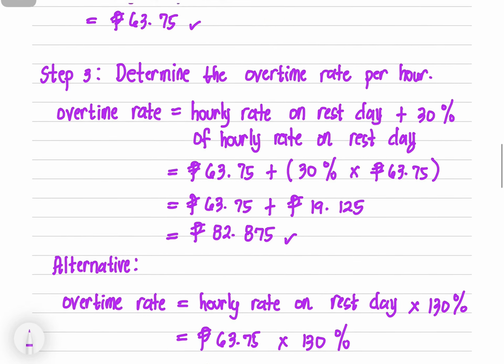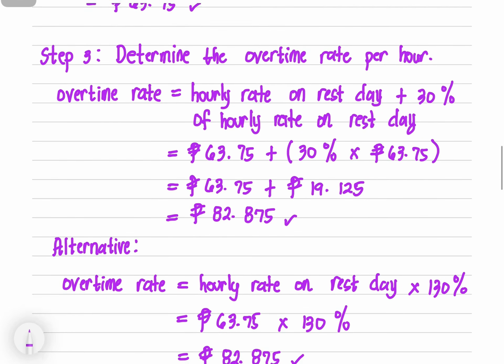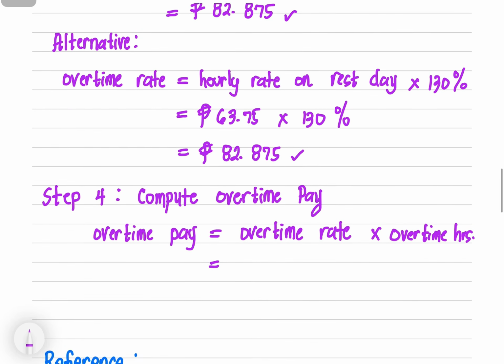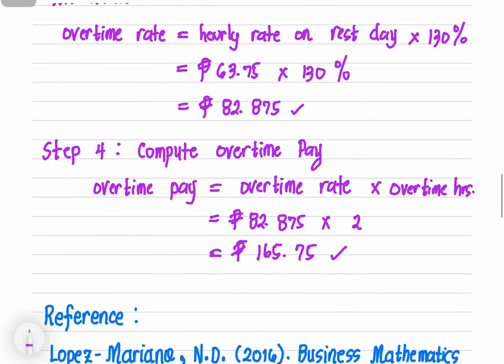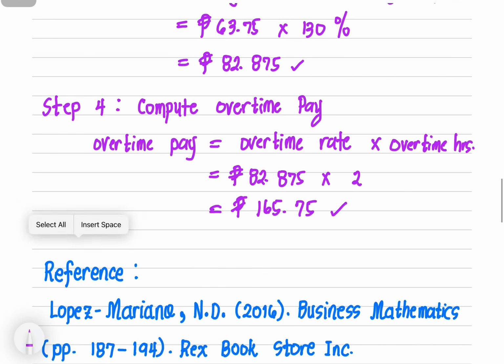Proceed tayo dito balik tayo kay step number 3. So that is equal to 82.75 pesos. So 82.875 pesos times 2 hours. So ang ating overtime pay ay 165.75 pesos. Gets? Okay.